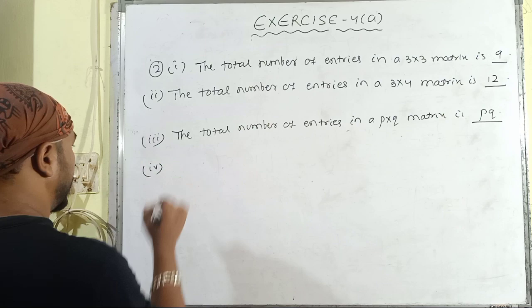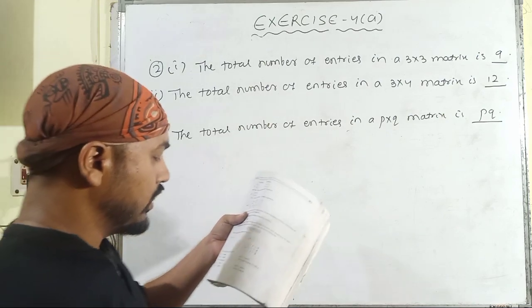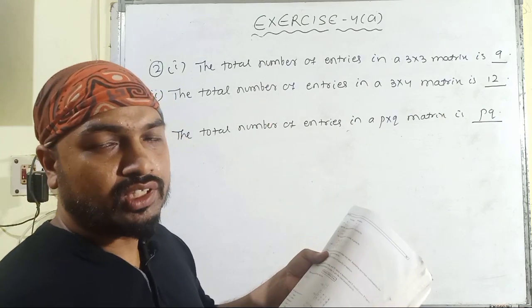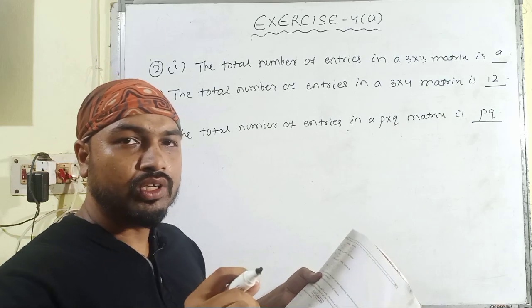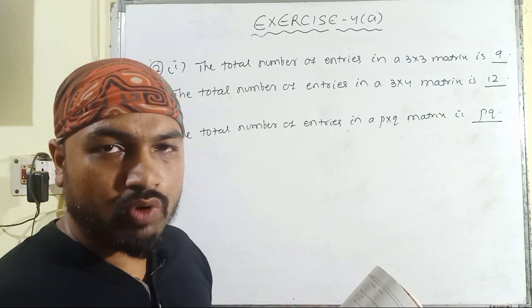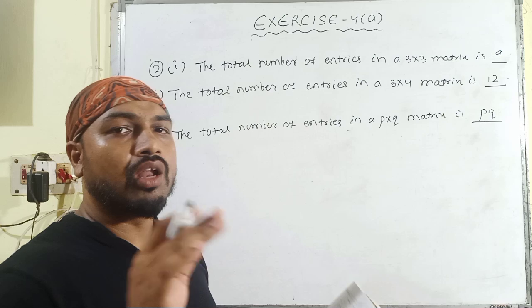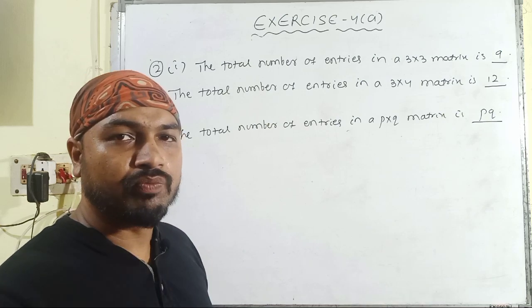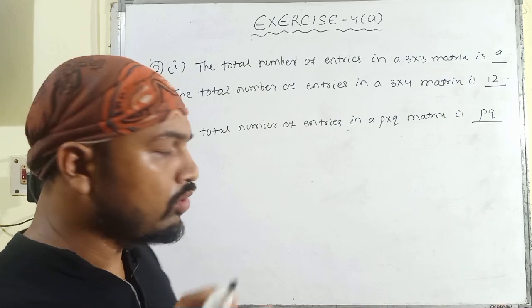Then the fourth one is here. It is a square matrix of order p. That means the number of rows is equal to p as well as the number of columns is equal to p. Hence the total number of elements will be p multiplied by p, that is equal to p square.